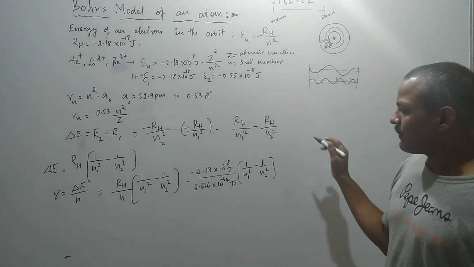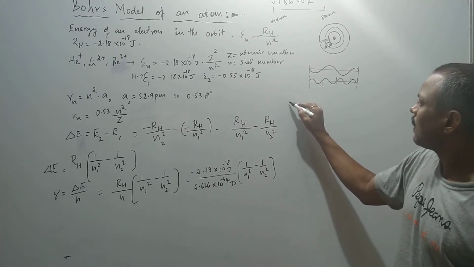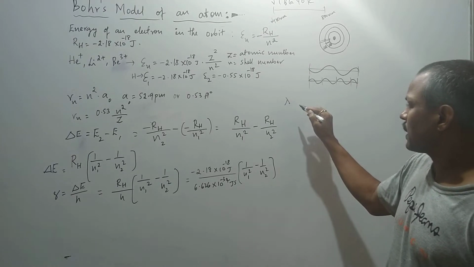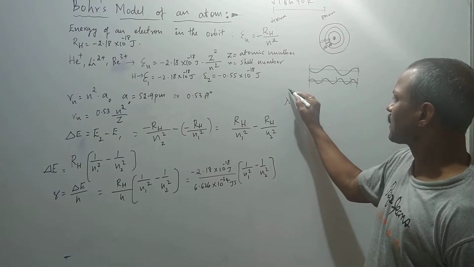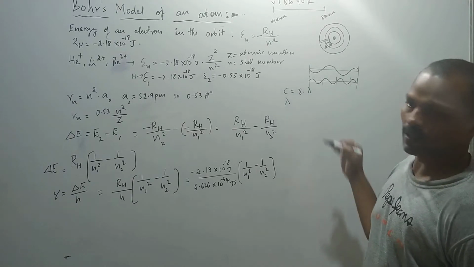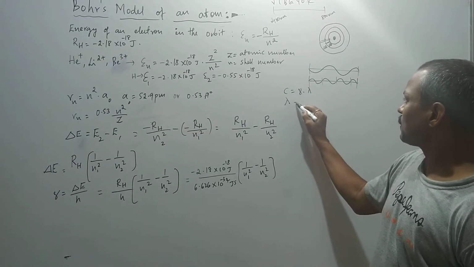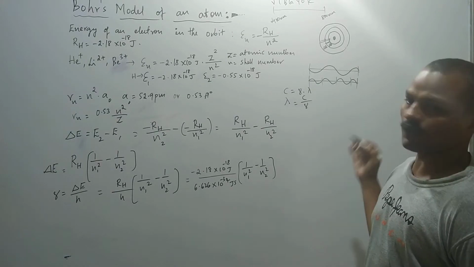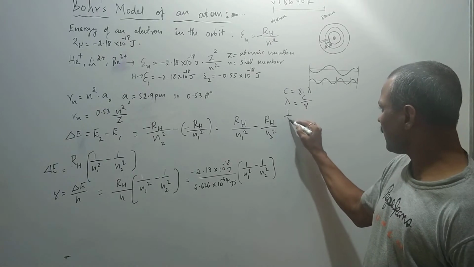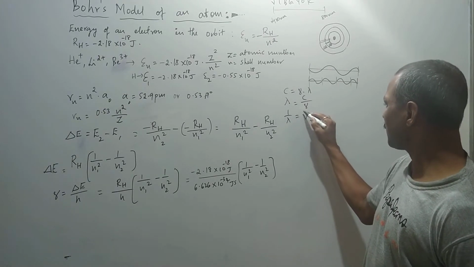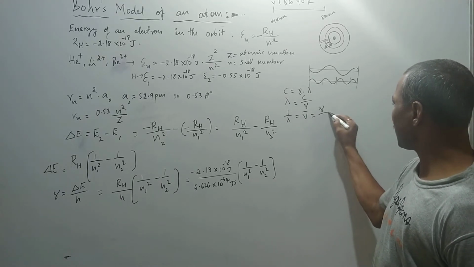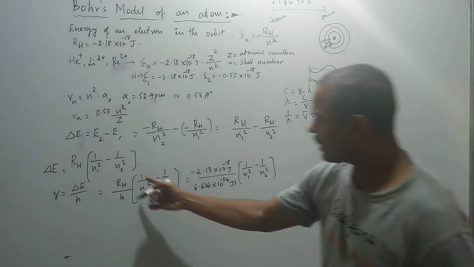We know the expression for wavelength. I think you must already know this: C is equal to frequency into lambda, where lambda is equal to C by frequency. Here if I consider 1 by wavelength, we call that the wave number, so it will become the frequency by C. Then what should you do here?